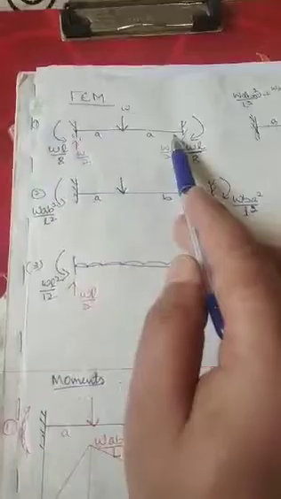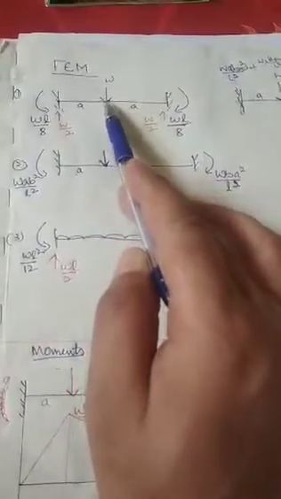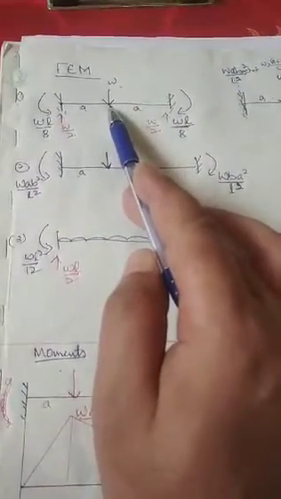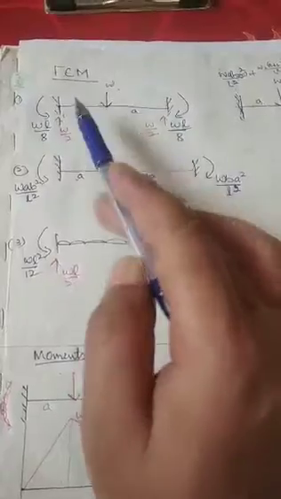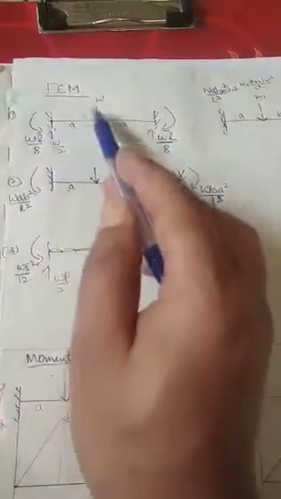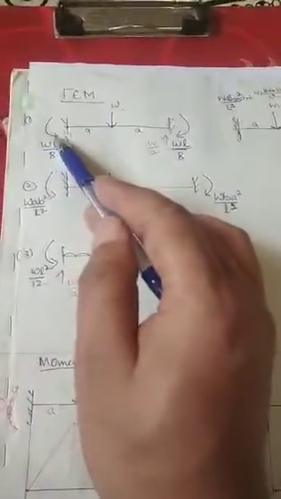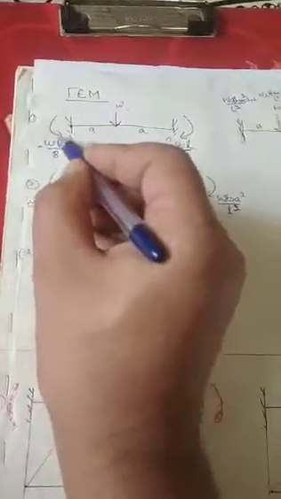It is a simple beam. So I will show you other small things. For calculating the fixed end moments, it is a simply supported beam. W is the load which is acting on the center. So for this point load, the fixed end moment will be WL by 8, but in negative, it is anti-clockwise direction.